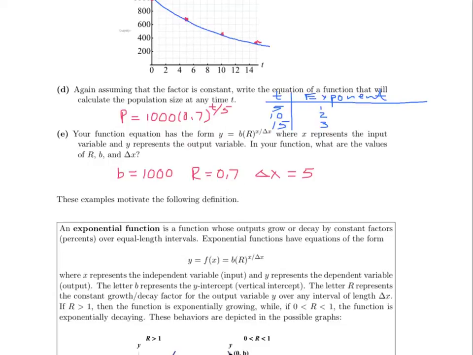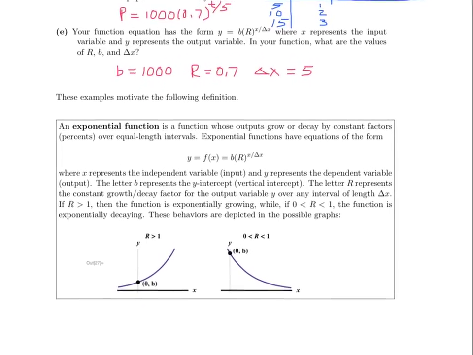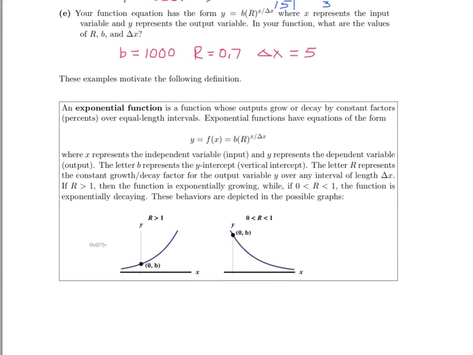These examples motivate the following definition of an exponential function. An exponential function is a function whose outputs grow or decay by constant factors or percentages over equal time periods.